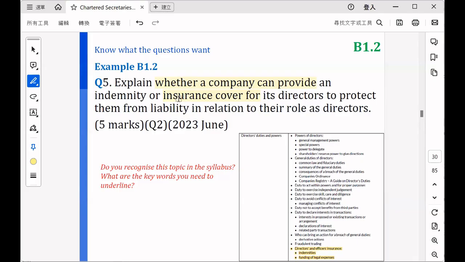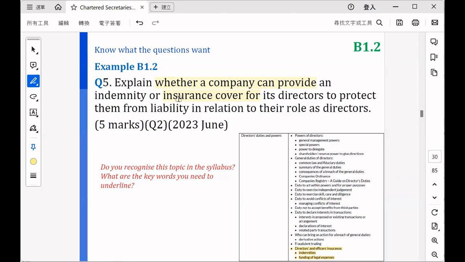But of course, there are also some restrictions. So they cannot provide indemnity cover against payment of criminal penalty. And if the director is convicted, the company cannot indemnify directors who are held liable in criminal proceedings and eventually convicted.